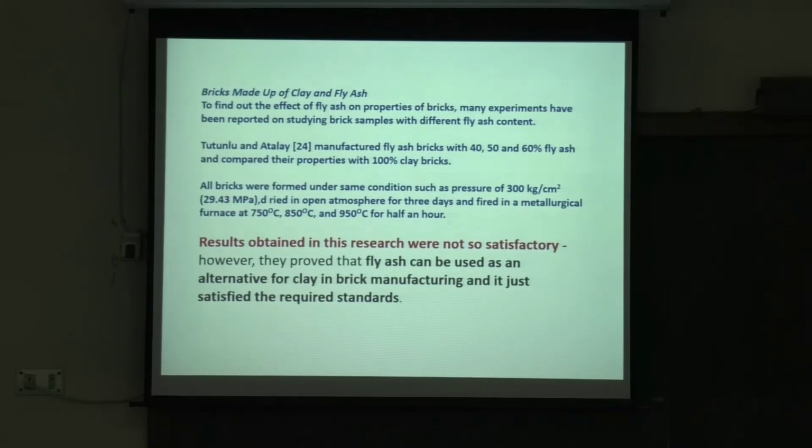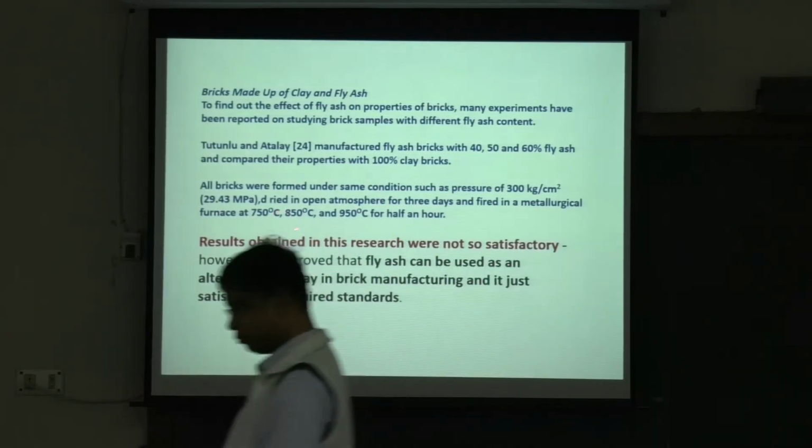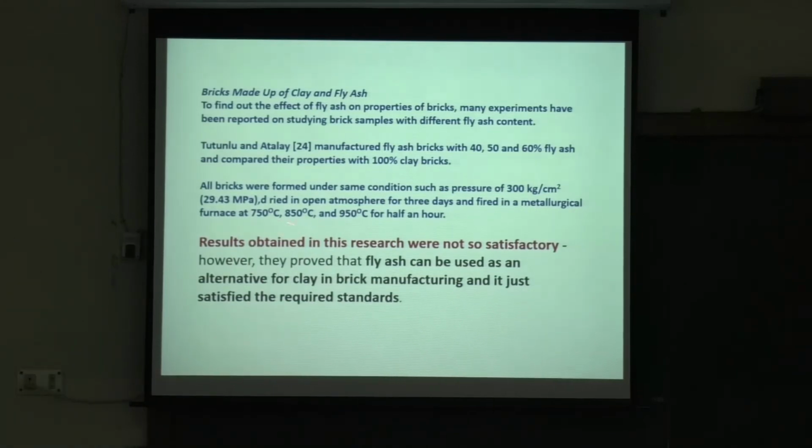And all the bricks were made under the same conditions, such as pressure of 300 kilojoules per centimeter square, which is what 29 MPa, dried in open atmosphere for 3 days, and fired in a metallurgical furnace at 750 C, 850 C, and 950 C for 1 hour.